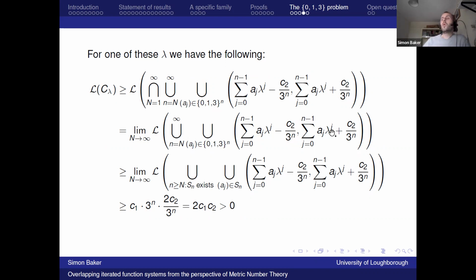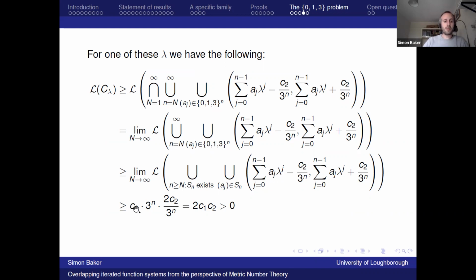But because I know that for my Lebesgue generic lambda, I'm going to have infinitely many n for which I have these large, well-separated sets, instead of taking the union over all n for all words, I can just pick one of these n for which I know this large, well-separated set exists, look at the measure coming from this set, and I'm going to get this quantity here at the end.